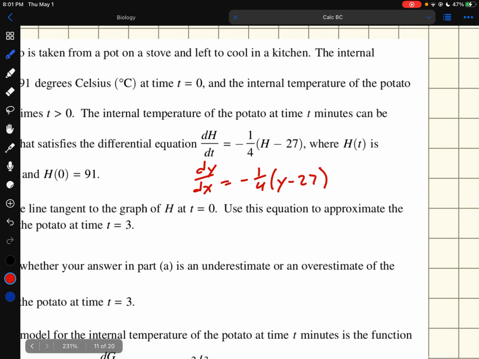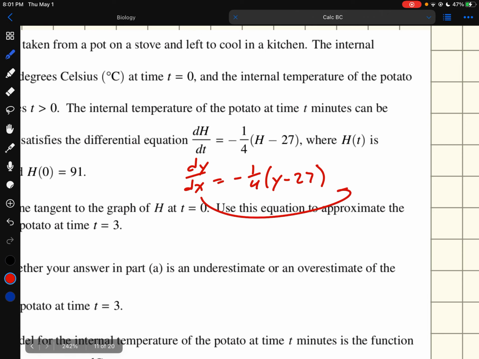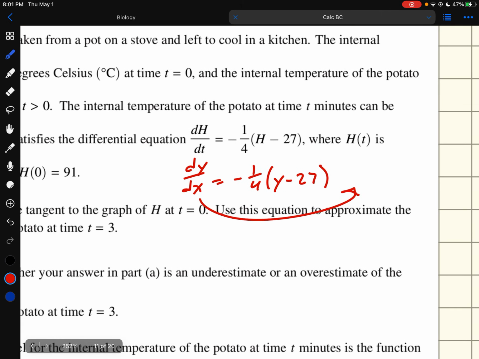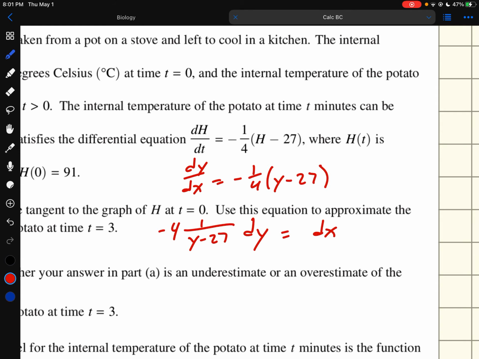And then you're just separating the variables, so this would go back there. Well, I'm assuming if I were to integrate it, I would move this back over here, so it would be negative 4 times 1 over y minus 27 dy equals dx.